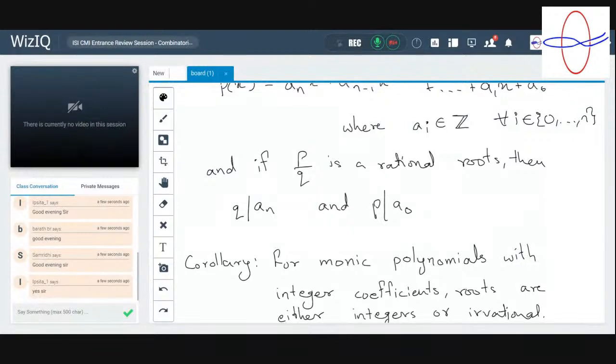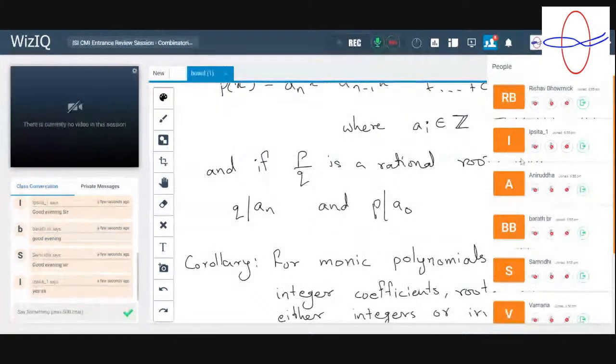Okay, now let's wait for 7. No one else can go until then. Then we start with combinatorics.